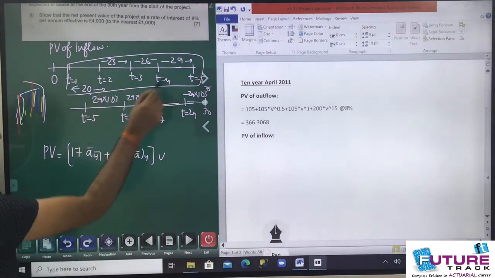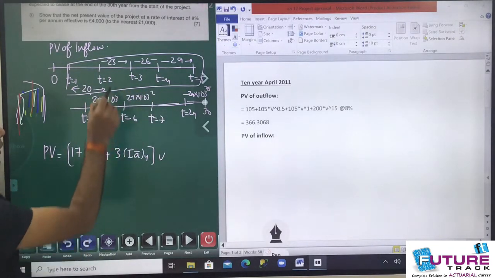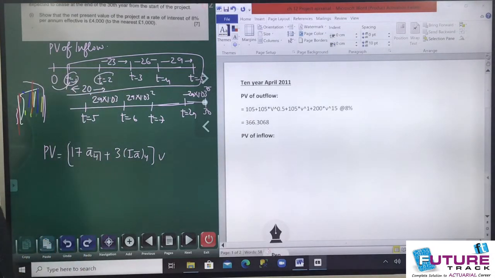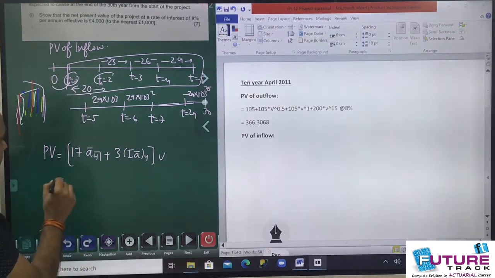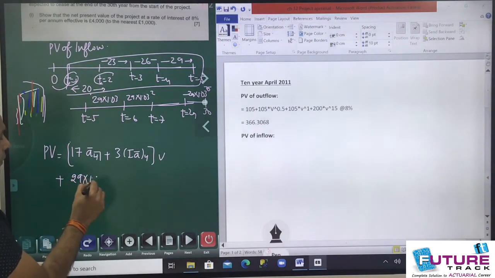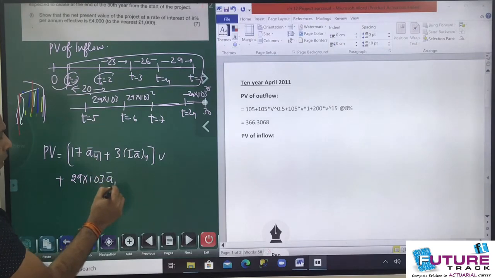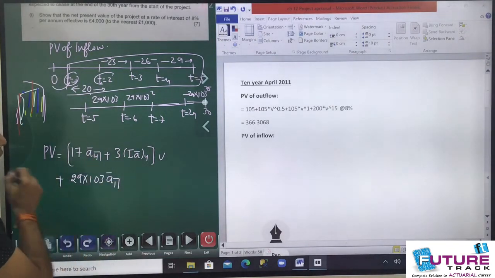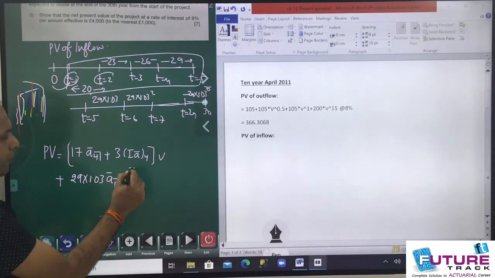Because this is increasing, we have written, and this is coming at time 1. To discount it back, we have written v plus 29 into 1.03 A bar 1. This is my present value at time 5. Discounting back to 0, we get v to power 5.